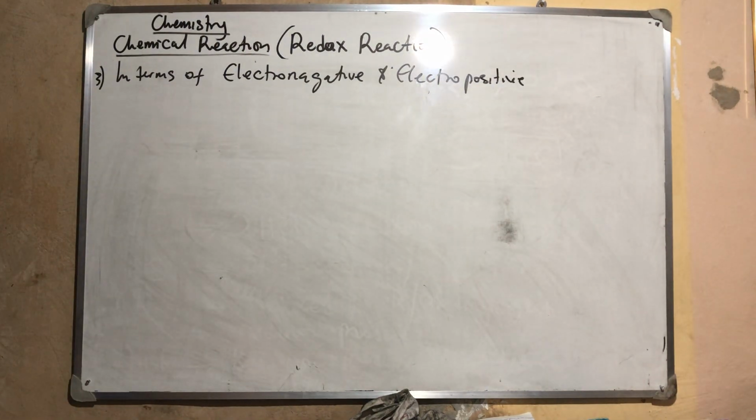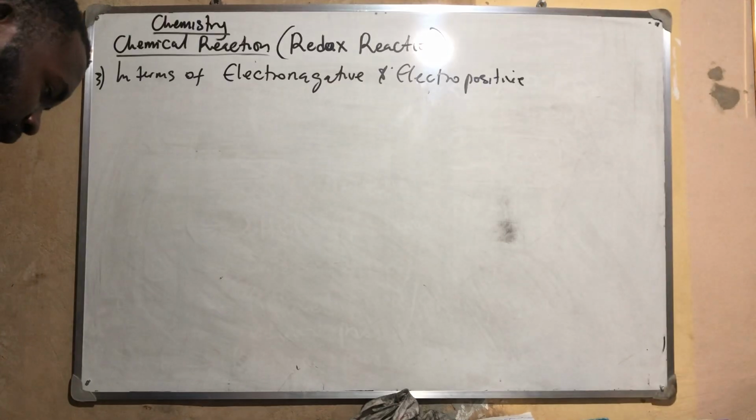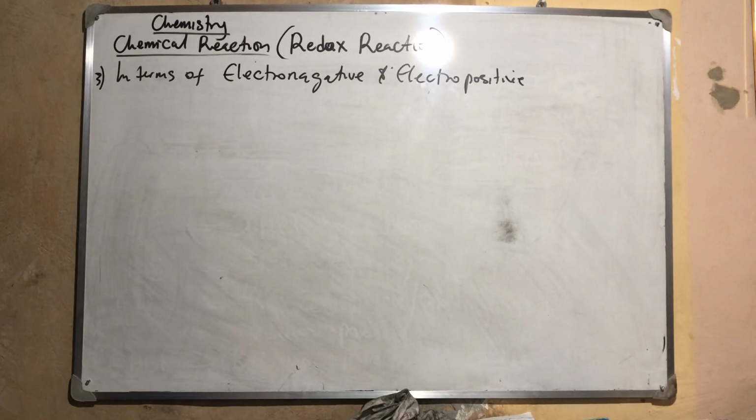Oxidation is defined as the addition of electronegative elements and the removal of electropositive elements, while reduction is the removal of electronegative elements and the addition of electropositive elements, as shown below.